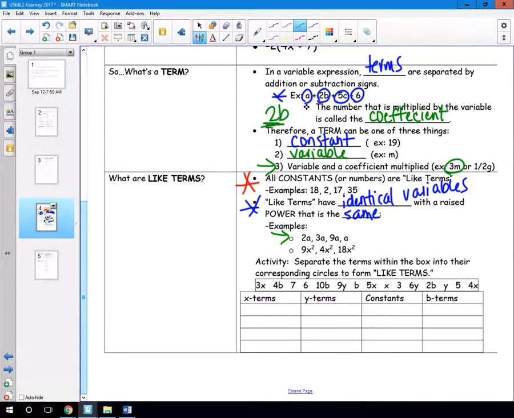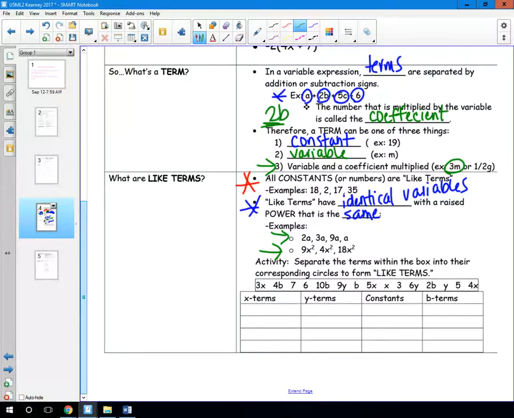Okay? Underneath that, 9x squared, 4x squared, 18x squared, they're all identical because they have the like term of x squared. Okay? Now, if you had a 5x, you could not combine that with x squareds. Remember, the powers have to be the same.